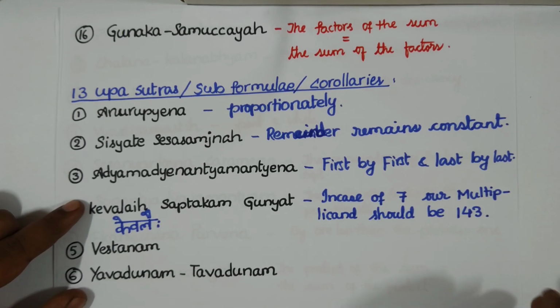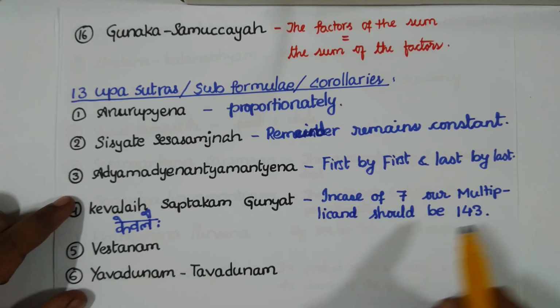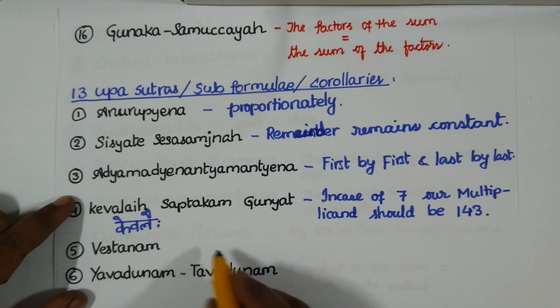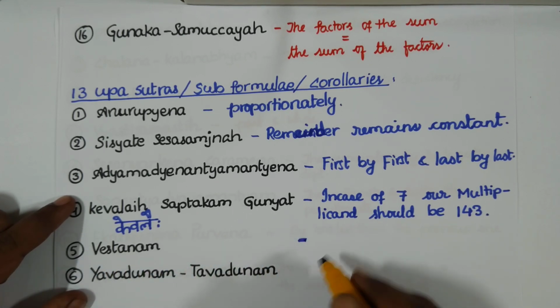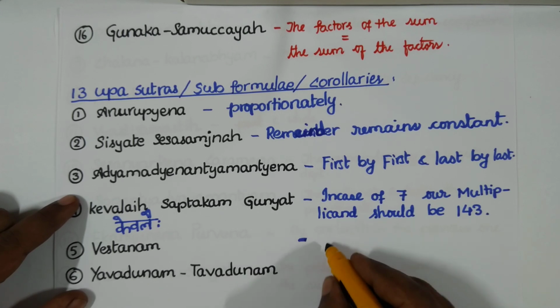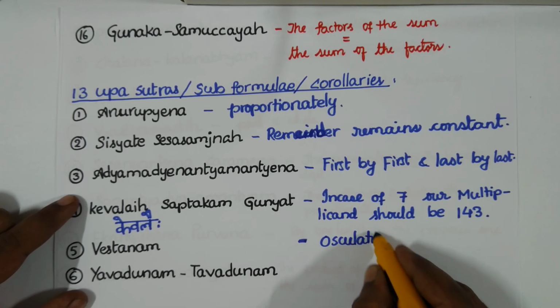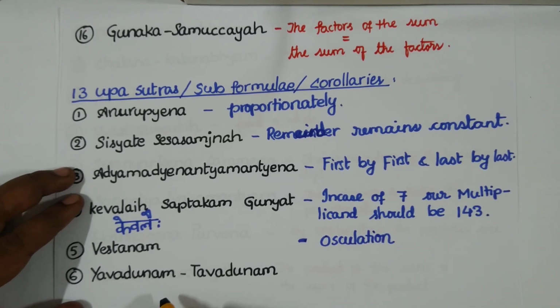A very famous number. I think everyone knows this number. So in case of 7, our multiplicand should be 143. Now the next one is Vestanam. Vestanam is osculation. We use this very well in the division process.